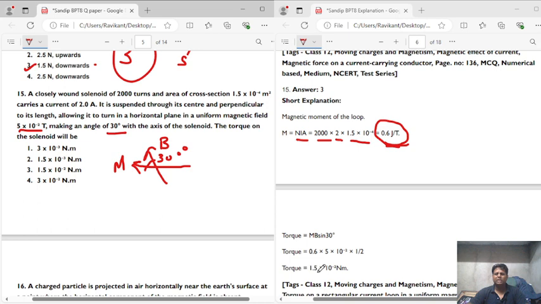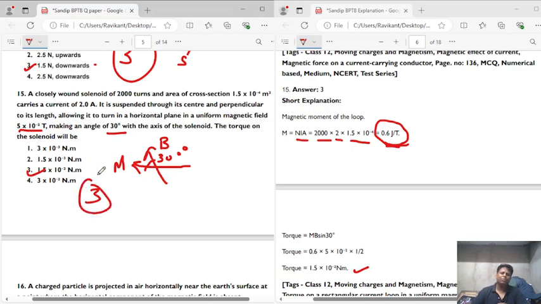Solving this, we get torque as 1.5 into 10 to the power of minus 2 Newton meter. So the correct answer for question number 15 is option 3.